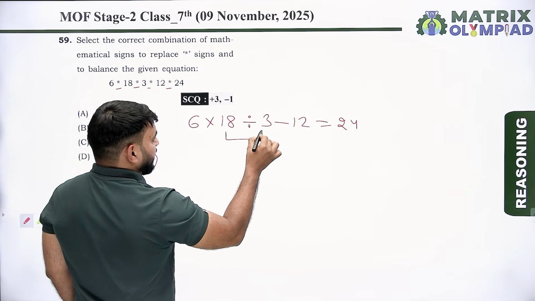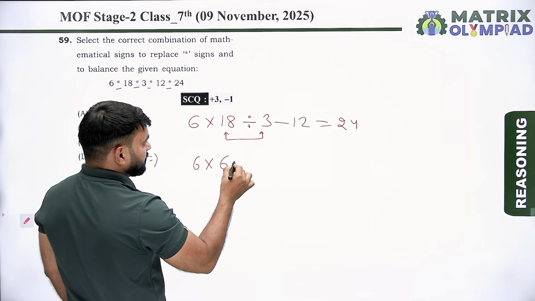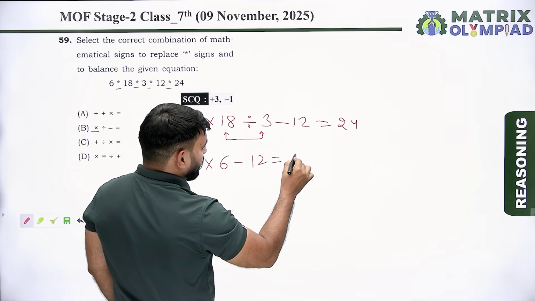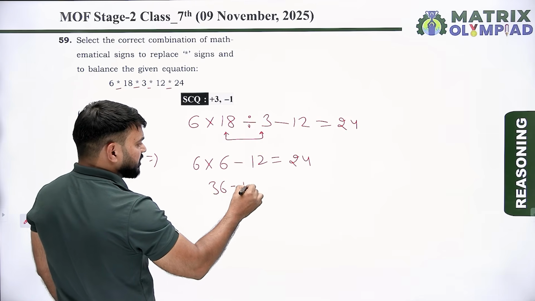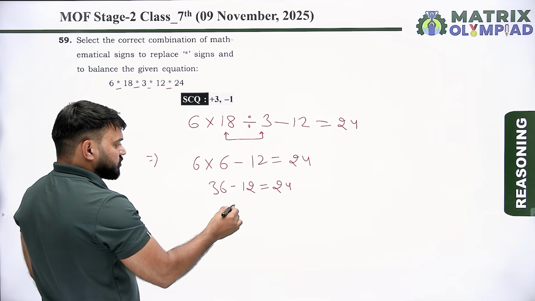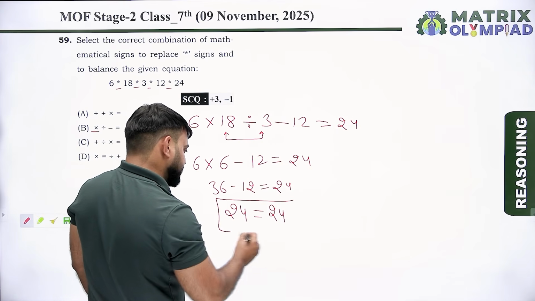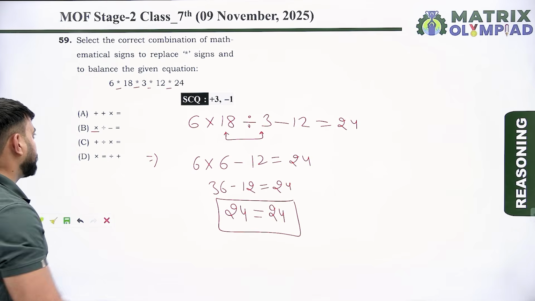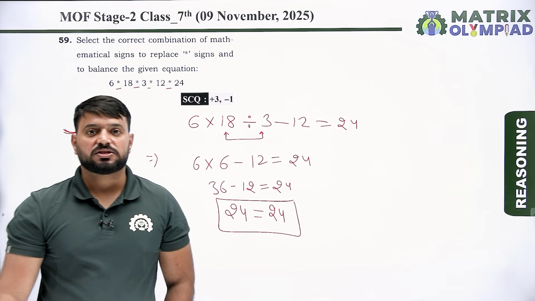So 18 divided by 3, it means 6. 6 multiply by 6 minus 12 is equal to 24. Now multiply 6 into 6, it means 36 minus 12 is equal to 24. 36 minus 12, it means 24, always equal to 24. So here LHS is equal to RHS. So it means option B is the correct answer of this question.